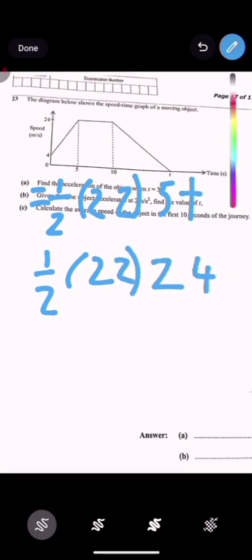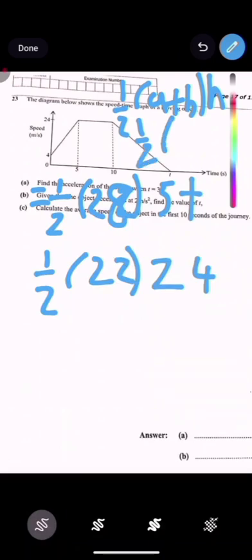Then for the small one, half A plus B H. So it's half A from here to here, which is 24, plus B 0 to 4, which is 4, right? So 24 plus 4 here, it's supposed to be 28.